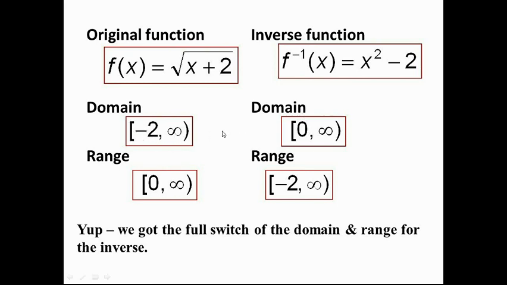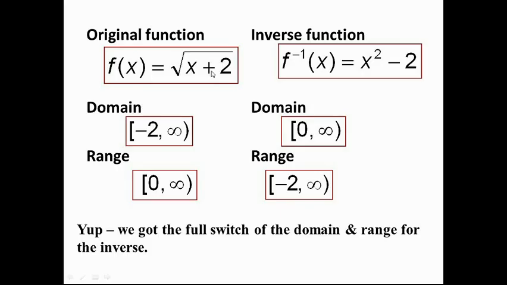And for the range, when we put minus 2 in our function, minus 2 plus 2, what do we get? We get 0. I'm talking about this range: our range starts from 0 up to plus infinity.